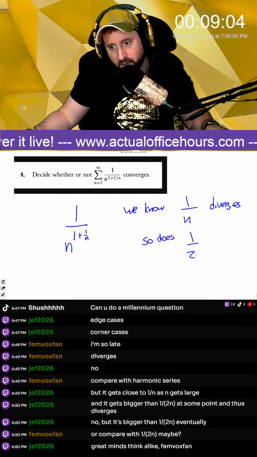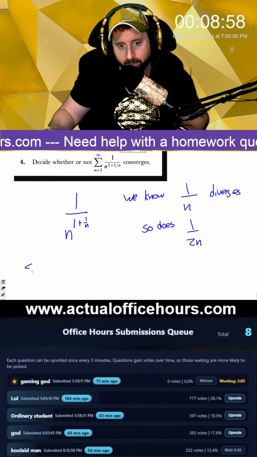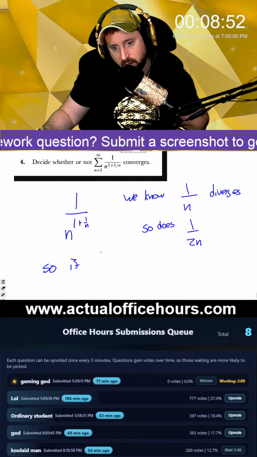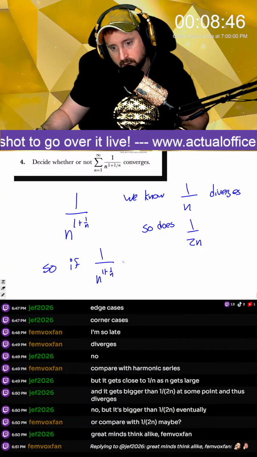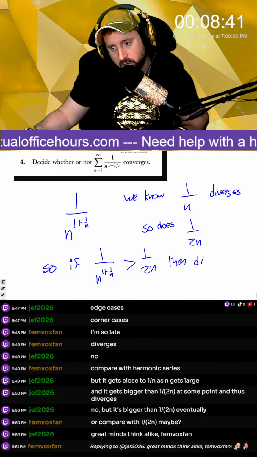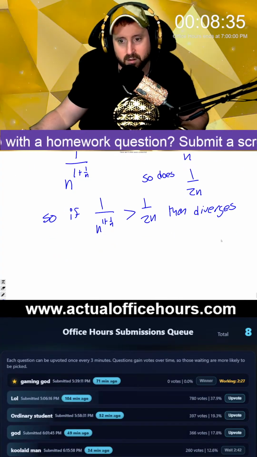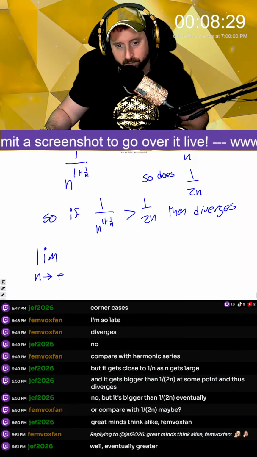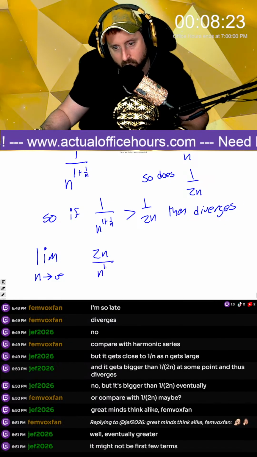Yeah, good job. So I need to show that if 1 over n to the 1 plus 1 over n is greater than 1 over 2n, then it diverges. Yeah, the limit comparison test, I guess, is what we're doing, right? So the limit as n approaches infinity of this over this. So that's 2n over n to the 1 plus 1 over n.